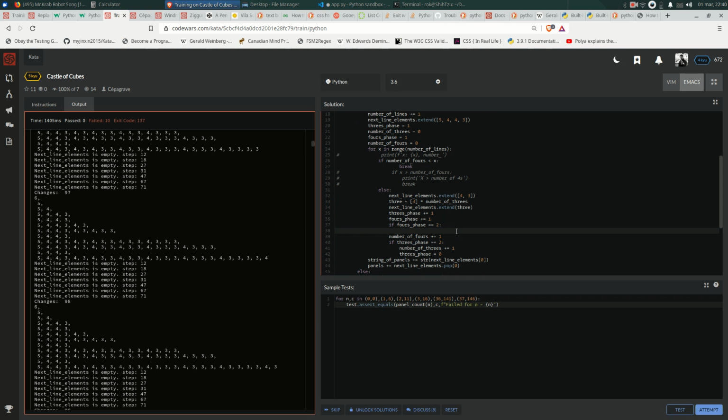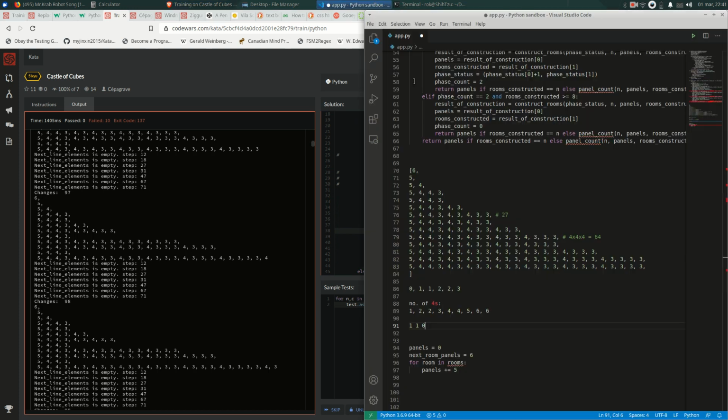Fourth phase. Because that's a bit more complex, right, than this one. 1, 1, 2, 2, 3. This is 1, 2, 3. This is 1, 1, 2, 1, 1, 2. And over here it was 1, 0, 1, 1, 0, 1, 0.